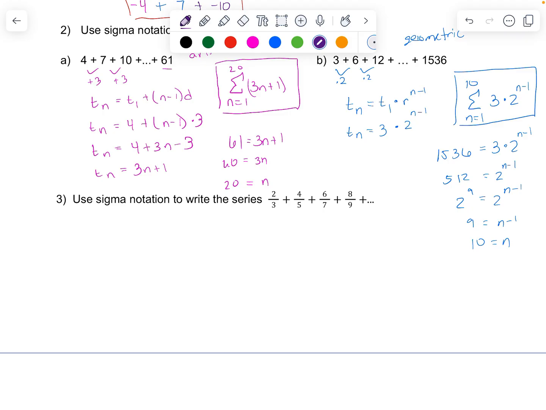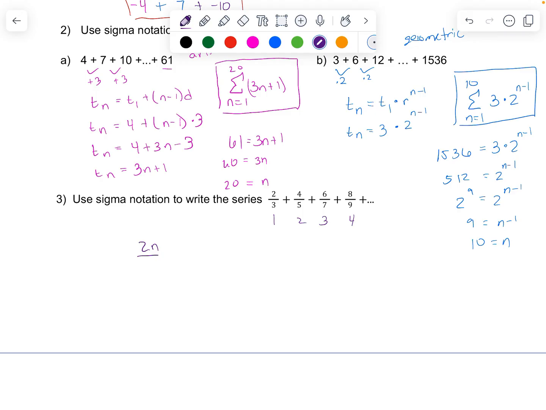So if I number my terms, this is 1, 2, 3, 4, I notice that the top number is always twice the term number. 2 times 1 is 2, 2 times 2 is 4, 2 times 3 is 6, 2 times 4 is 8. So that means that the numerator of the fraction is 2n.